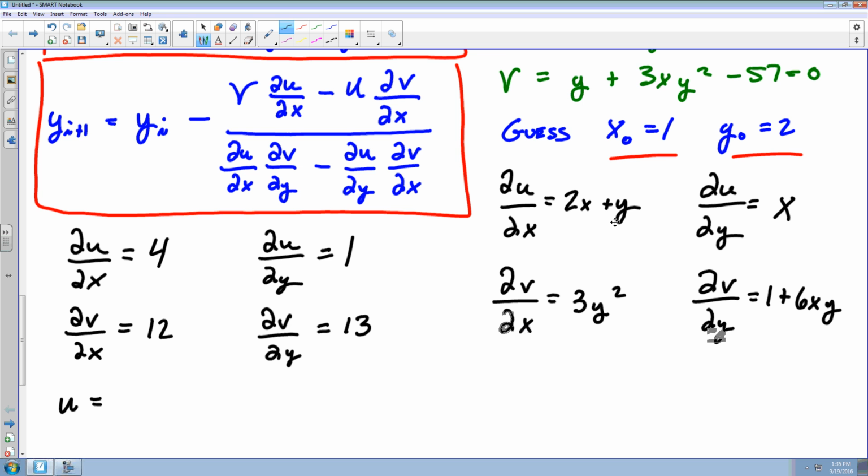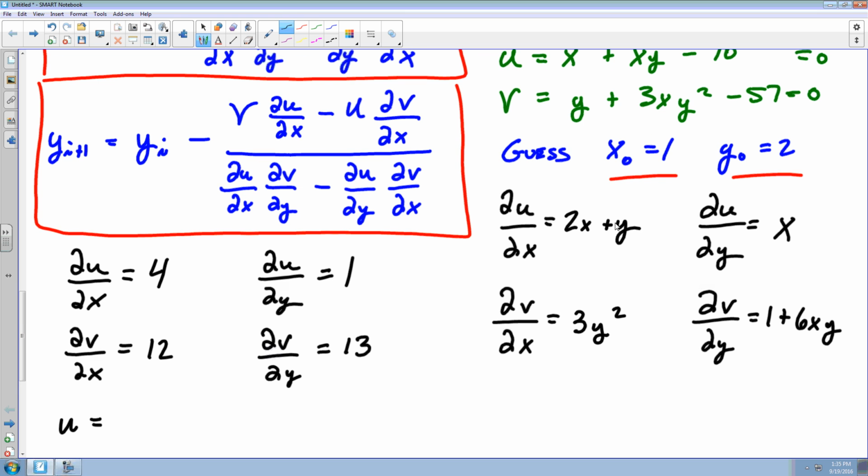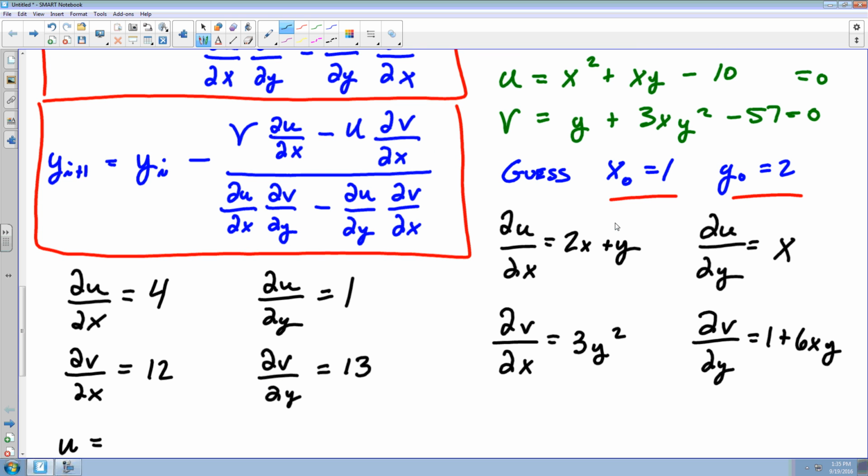If I have u and I plug in the guesses, look at my equation there in green. If I plug in x equals 1 and y equals 2 for u. Okay, let's do that in my head. 1 squared plus 1 times 2, so that's 1 plus 2 minus 10. 1 plus 2 is 3. 3 minus 10 is minus 7, right? So this is negative 7. And v, last one, plug in 1 and 2 there for the v equation.